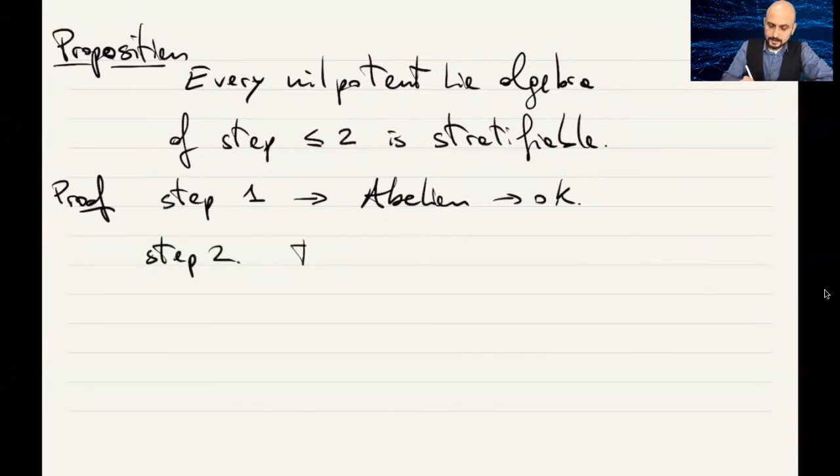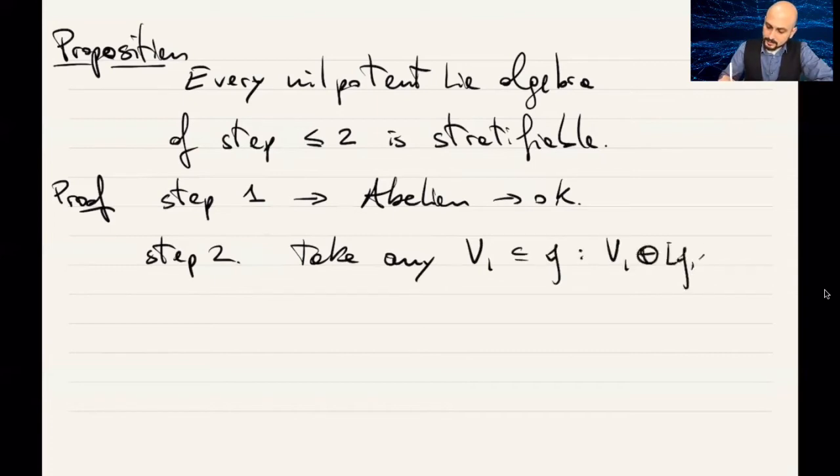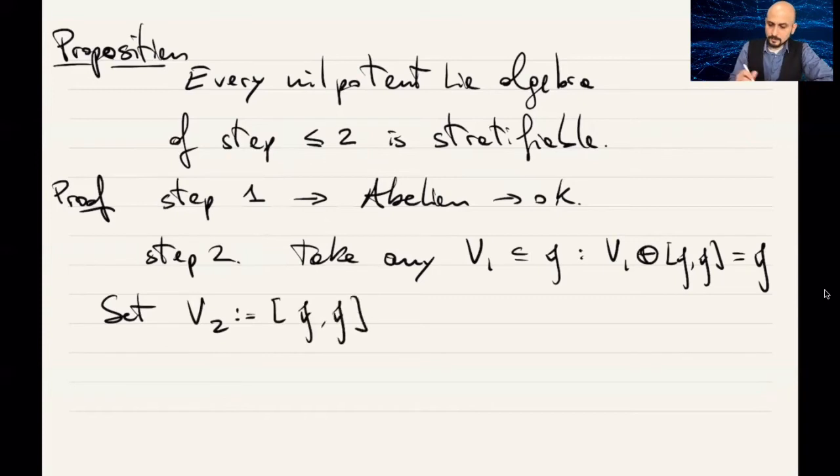So now take any subspace V1 such that it is in direct sum with the derived subalgebra, and set V2 to be the derived subalgebra. So we have a choice for V1, but V2 is given by this equation.